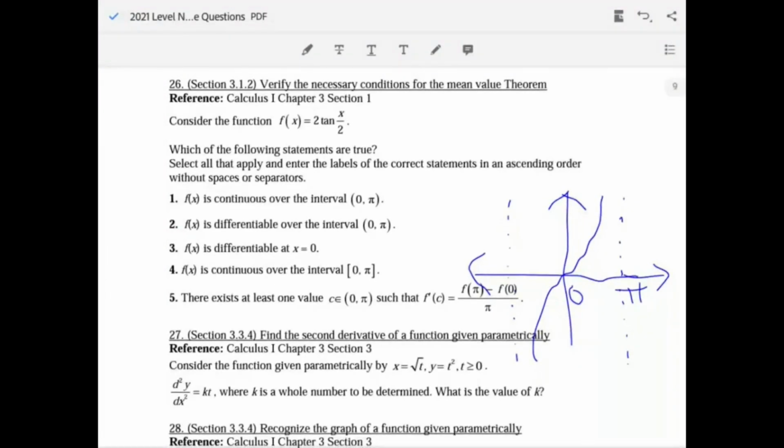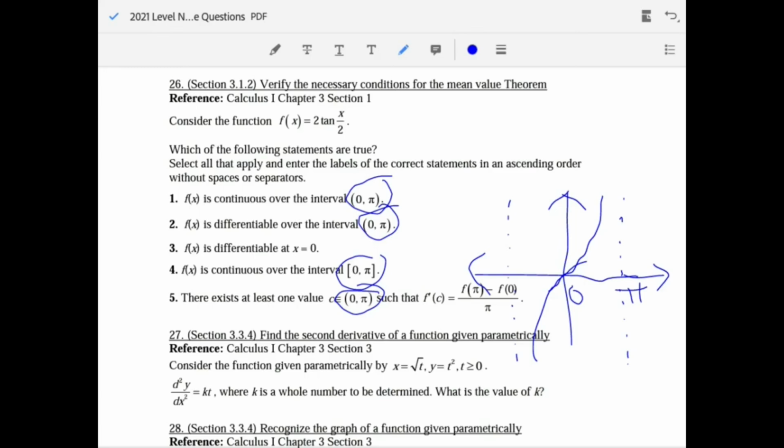Okay, so for number 26, they give us a tan function and ask about its continuity and differentiability. They ask for the interval 0 to pi. So at 0, it's actually pretty normal. You have this function here, and it just looks like a polynomial function.